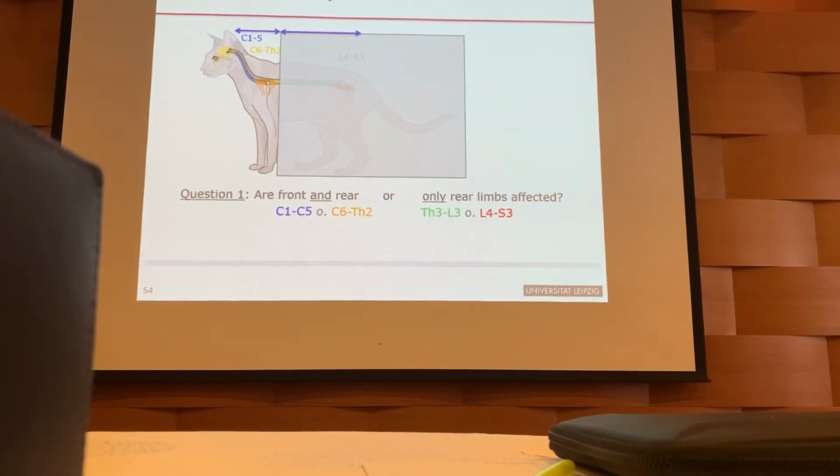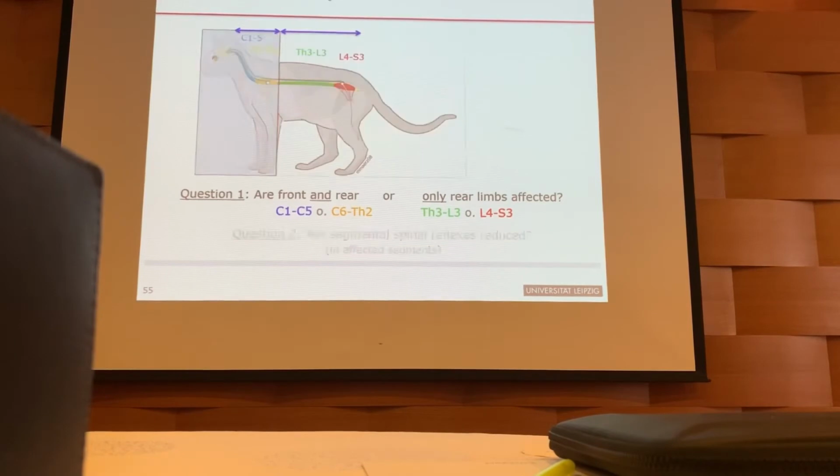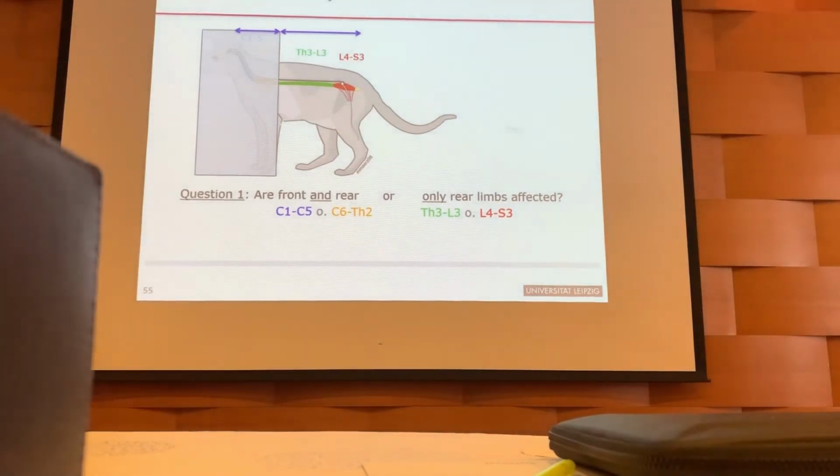And the same applies to the other situation, where we said the answer to our first question is only rear limbs are affected. In this case, everything here has to be normal. Only rear limbs are affected, it means T3-L3 or L4-S3. Now we are interested in the segmental spinal reflexes of the rear limbs.